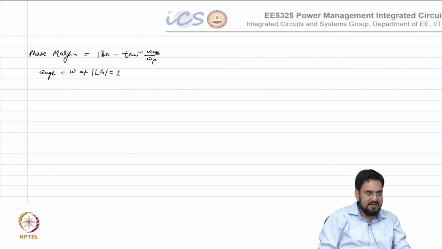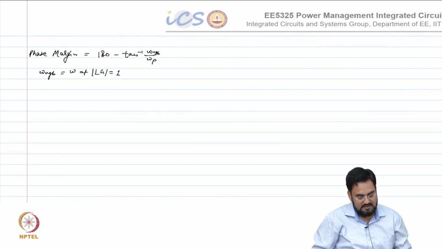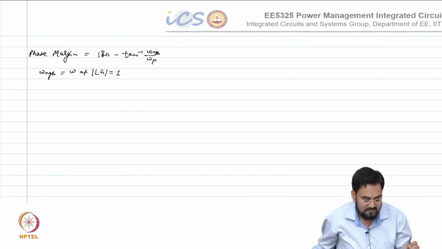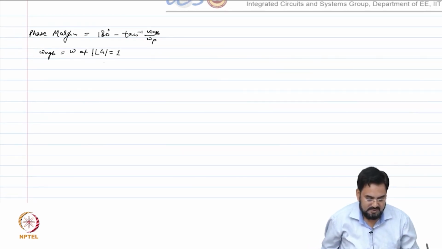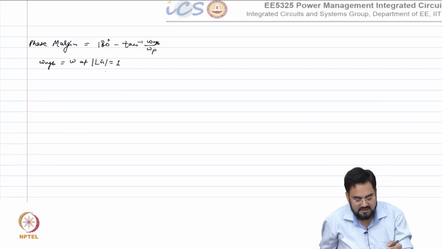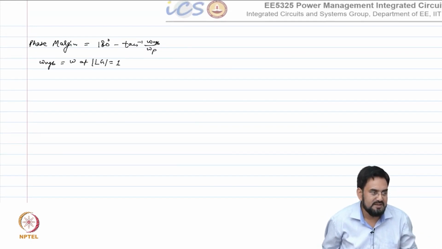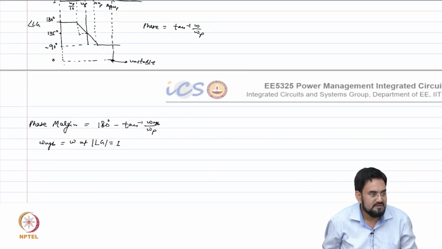That's why I call it unity gain frequency or unity gain bandwidth, UGF or UGB. Whatever contribution of phase you have from that pole at UGB will determine your phase margin.